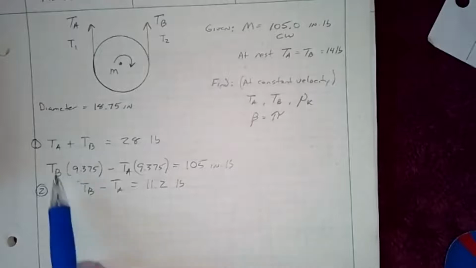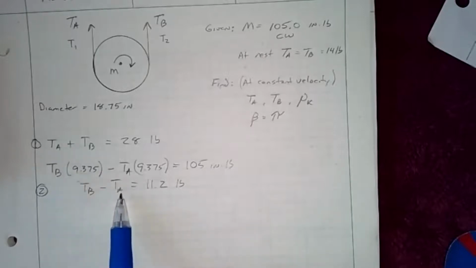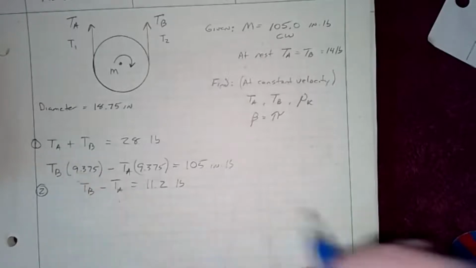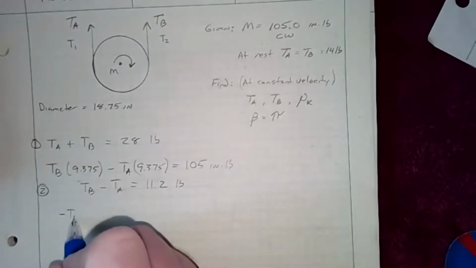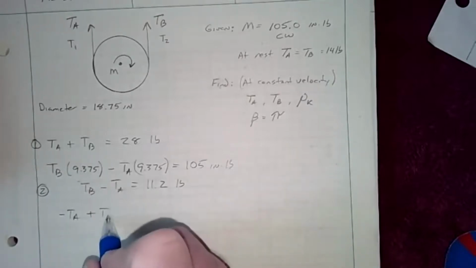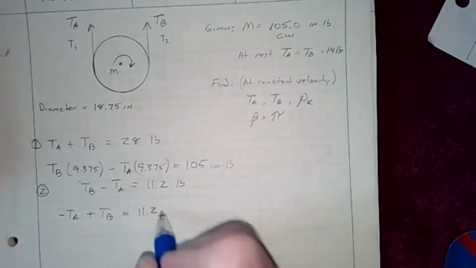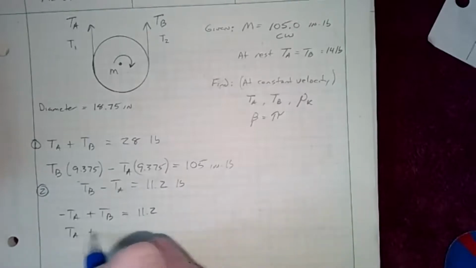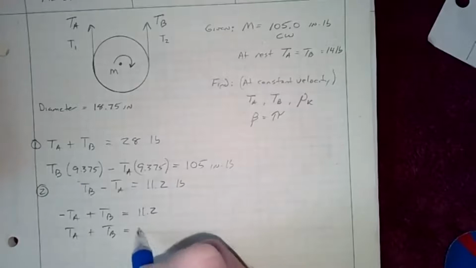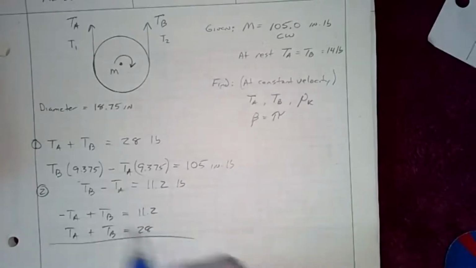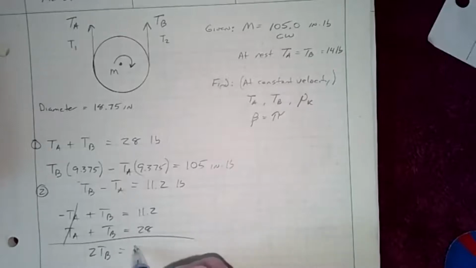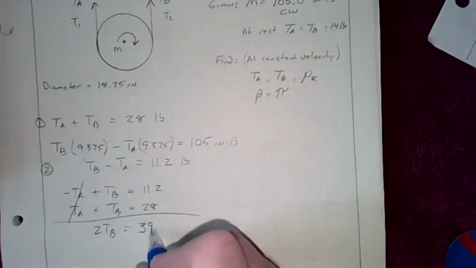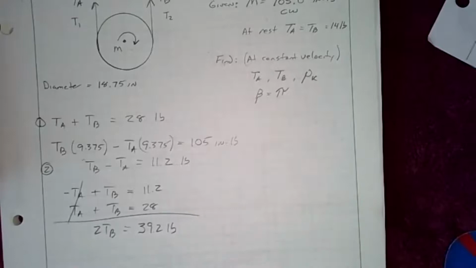So we have this equation and we have the other equation, and we can add them, which is pretty easy. Minus TA plus TB equals 11.2, and TA plus TB equals 28. The TA terms cancel, and 2 TB gives us 39.2 pounds.